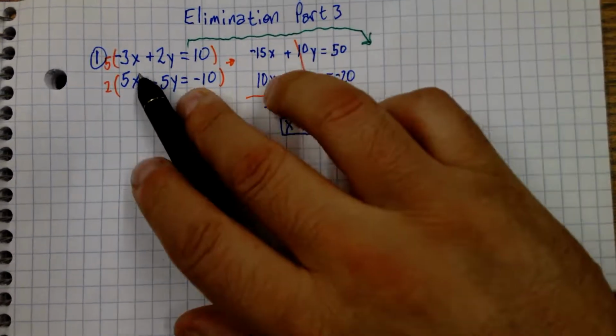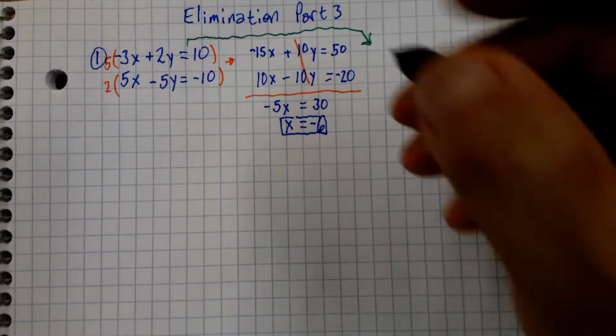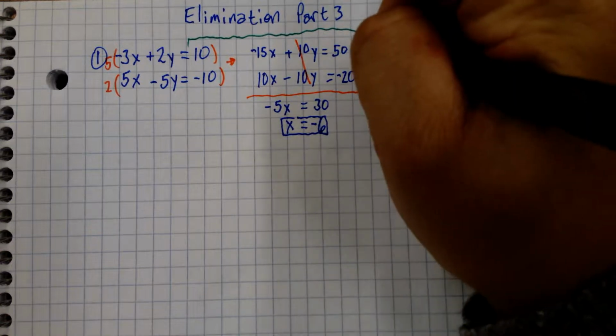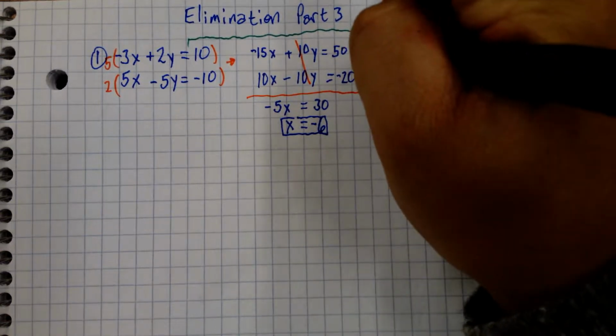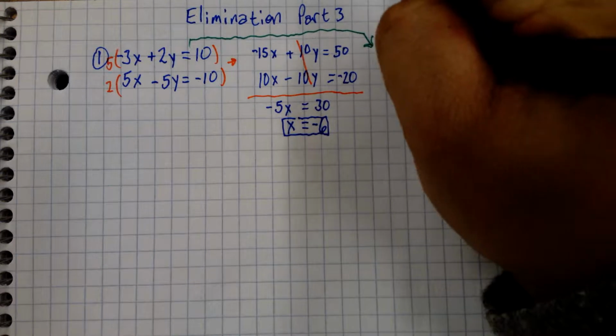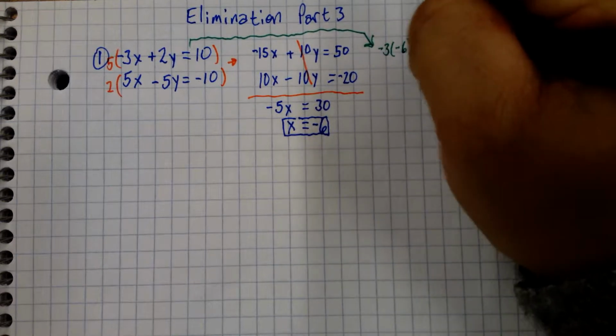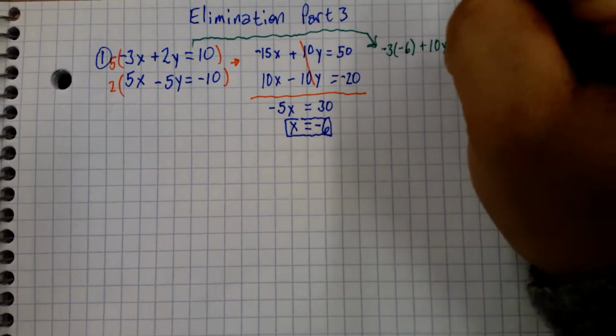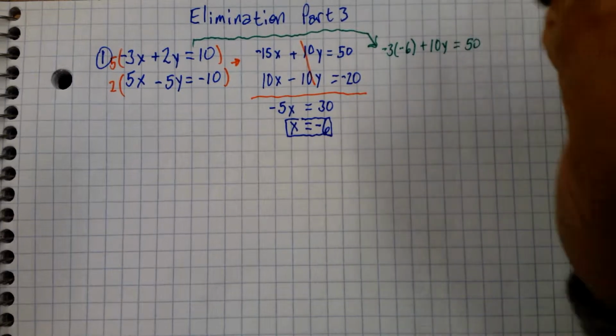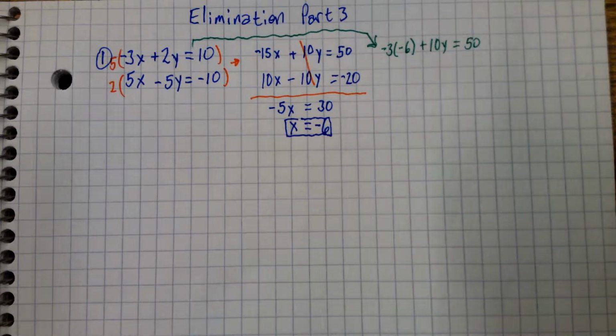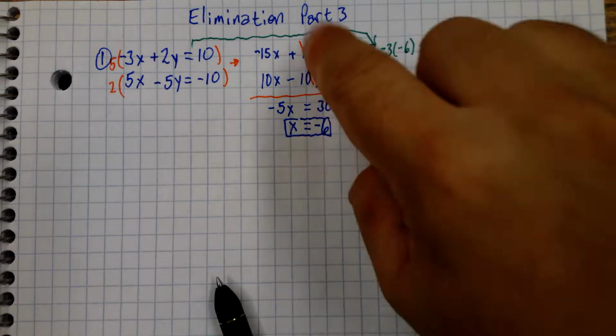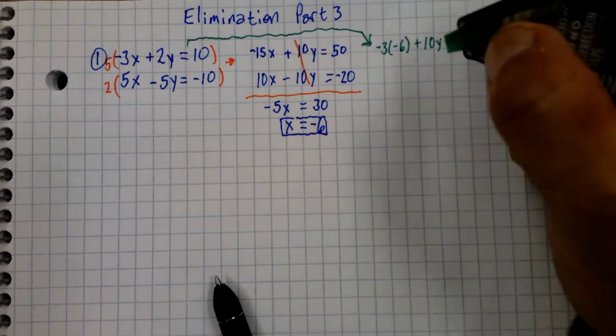I'm going to replace x with negative 6. Let's all do that. Let's do negative 3 times negative 6 plus 10y equals 50. Oh, what am I doing? No, I was looking at this one.